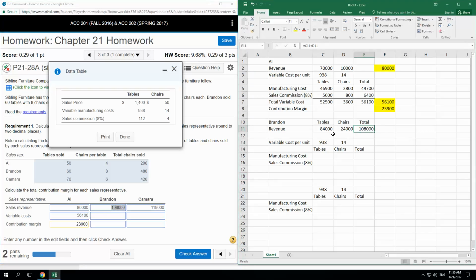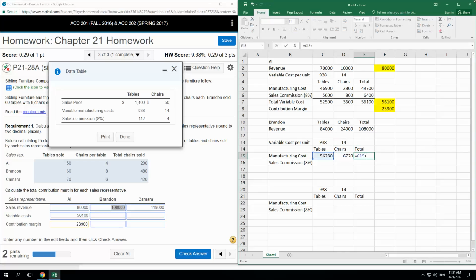But the problem is we've got to break these down to get the variable cost and such. So variable manufacturing cost would be the number of tables he sold, 60 tables, times the $930, which is also listed in this table, per table in variable cost. And for chairs, it would be 480 chairs times the $14 per chair.